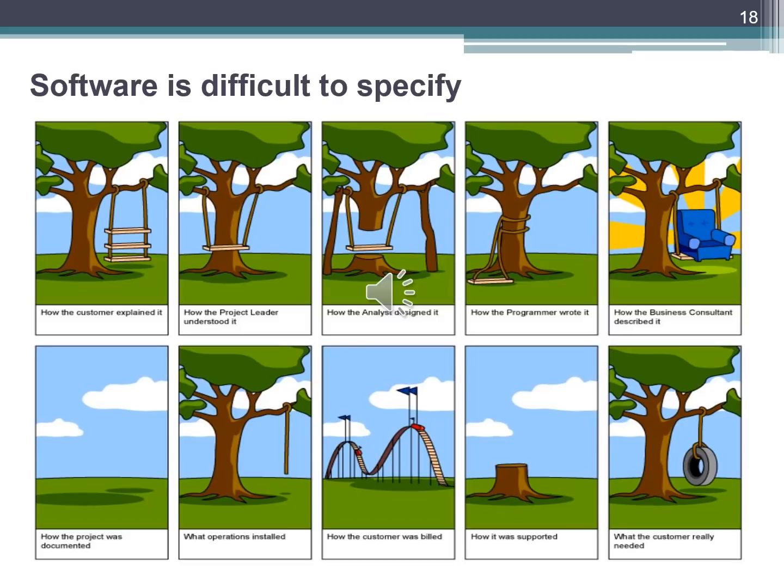Important features can be missing because it was assumed they would be included, or features are included because the developers assumed they would be useful, but the reverse proves to be the case. One approach to this problem is to produce a written specification saying what the system will do.